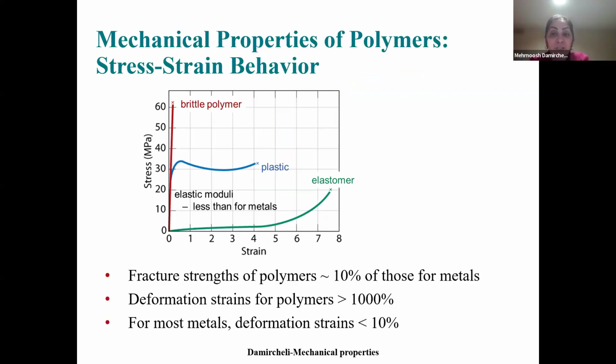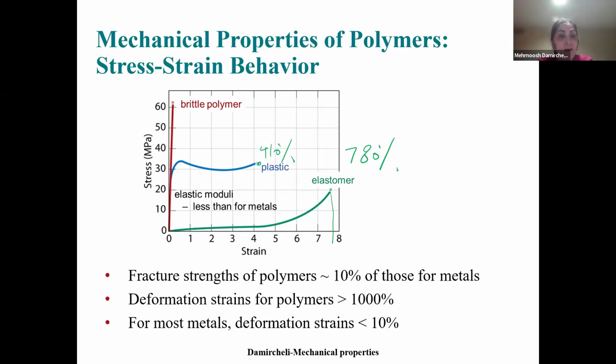Polymers exhibit unique stress-strain behavior, often showing a large elastic deformation. For most of the polymers, for example here, we have about 780%. For example, here is about 410%.